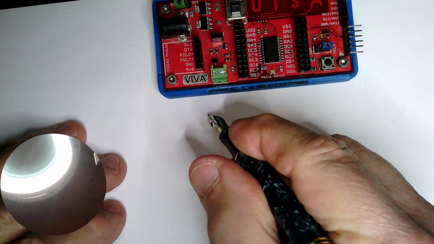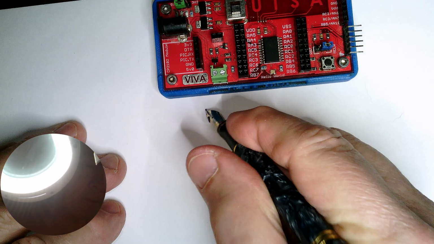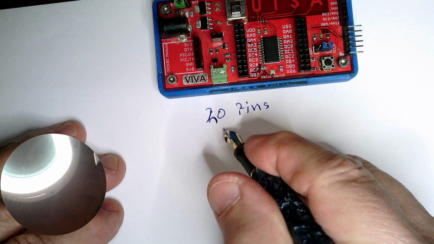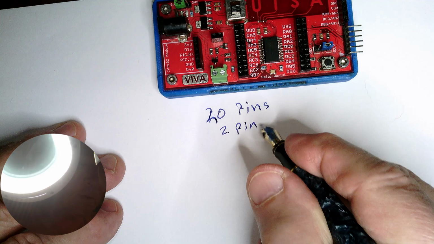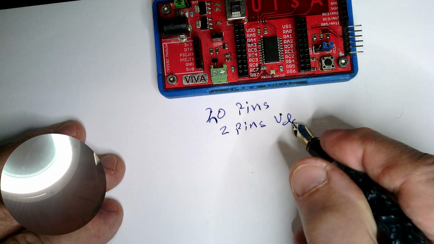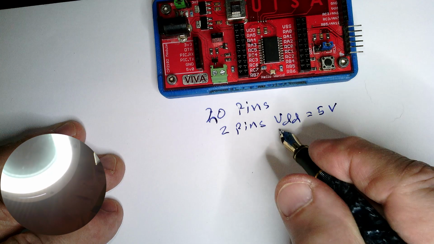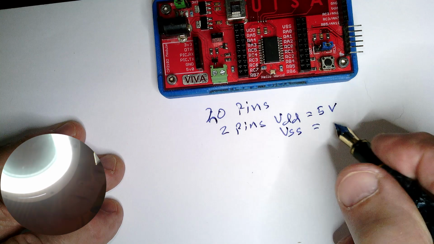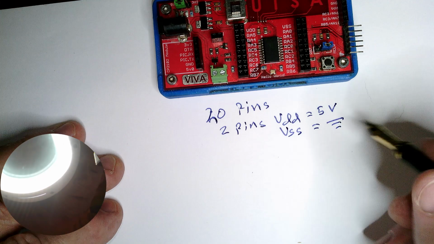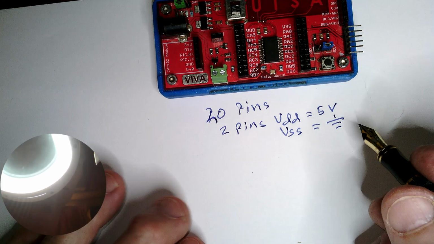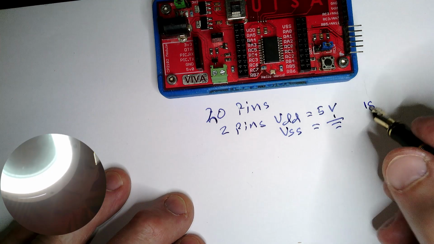We have 2 pins that are VDD equals 5 volts in this case, and VSS equals ground. So now we have 18 pins left.